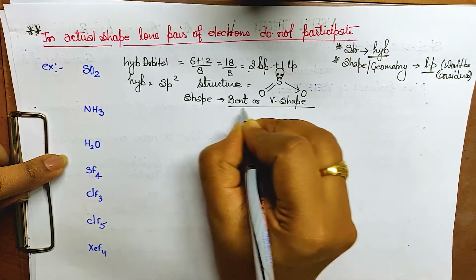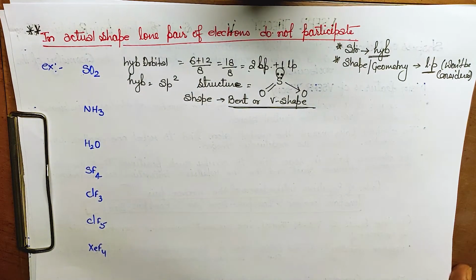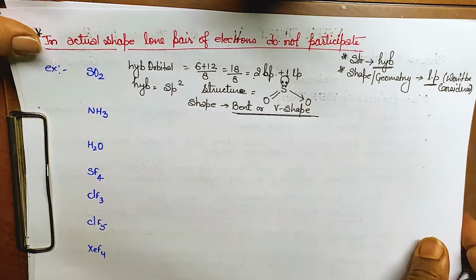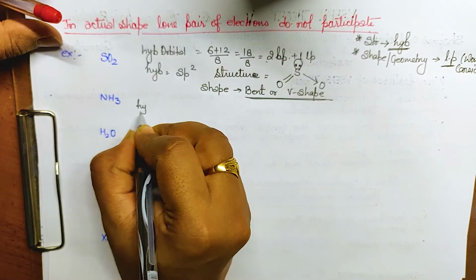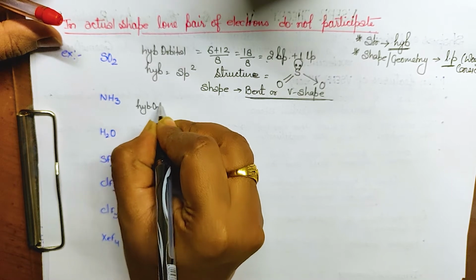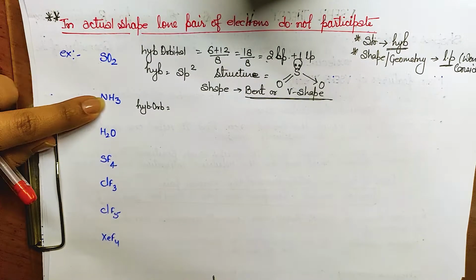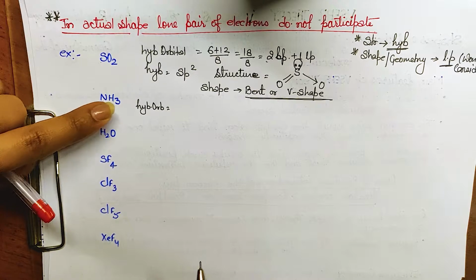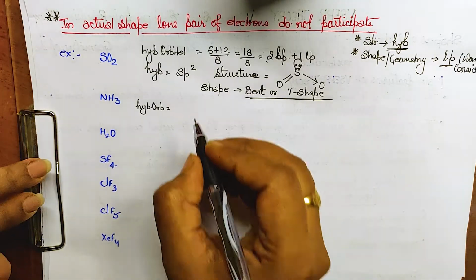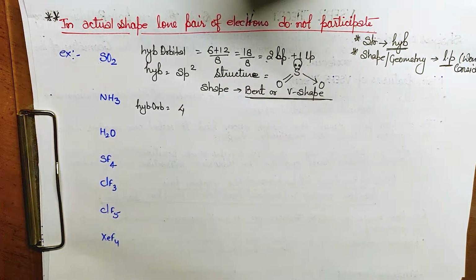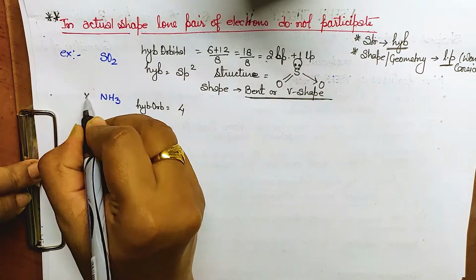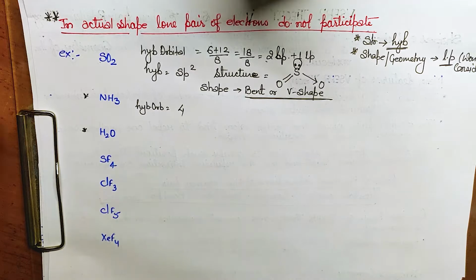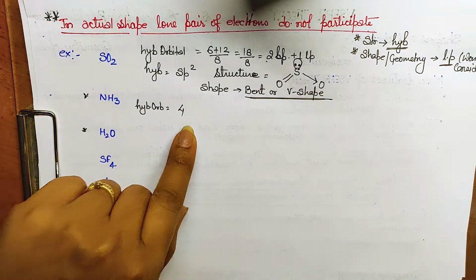Any problem, bache? Yes. So now we will consider ammonia, NH3. Similarly, find the hybrid orbital. Let me do it in short. This is nitrogen, 5, 5 plus 3, 8, 8 divided by 2, isn't it? It will be 4. Clear? So it is completely divisible. NH3 and H2O are a little exceptional accordingly, because it is completely divisible.